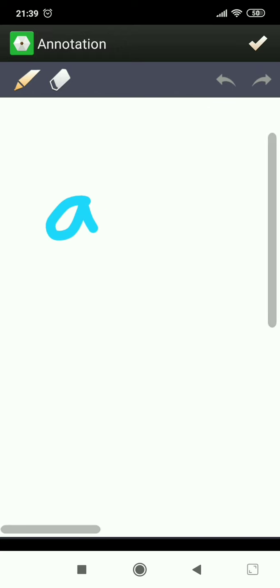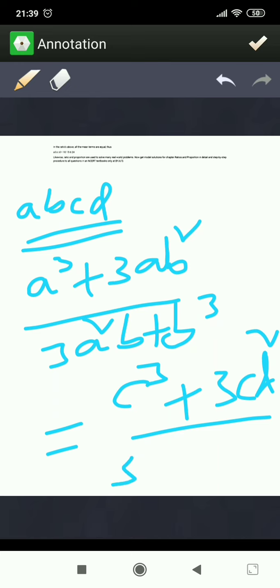If suppose A, B, C, D are in proportion, then show that (A cube plus 3AB square) by (3A square B plus B cube) equals (C cube plus 3CD square) by (3C square D plus D cube).